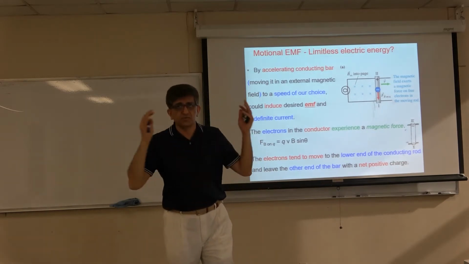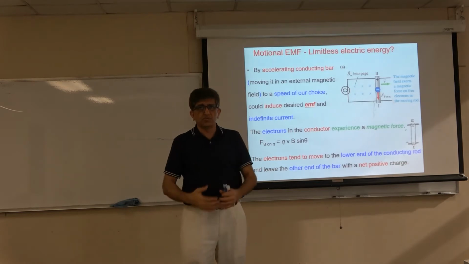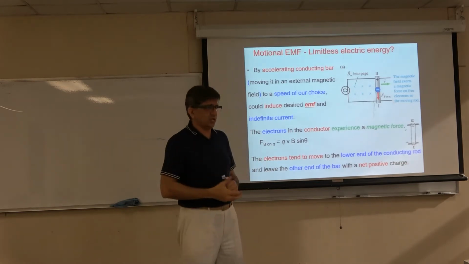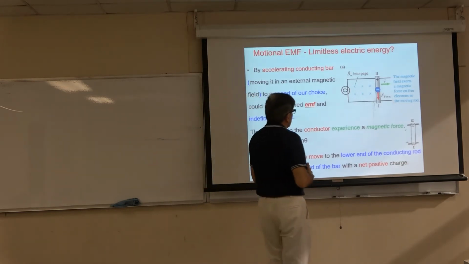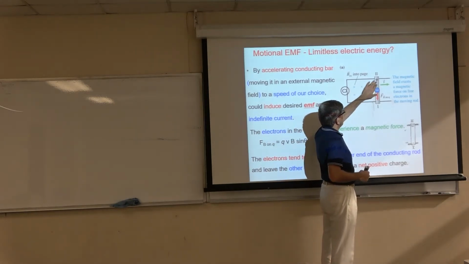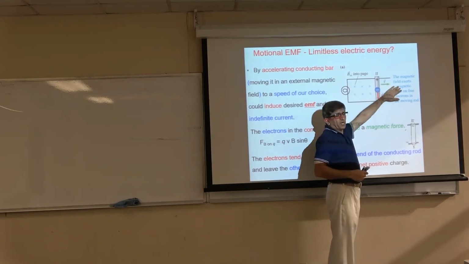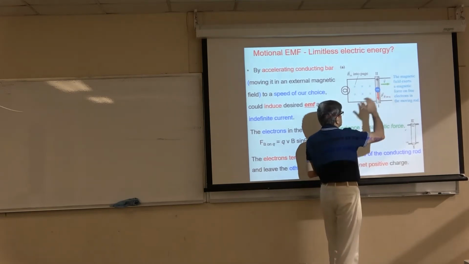When the car or the train moves, the whole system moves, and the object sitting inside moves. The same thing is here. The electron, which is part of the conducting bar, also moves when I apply a force F towards the right.